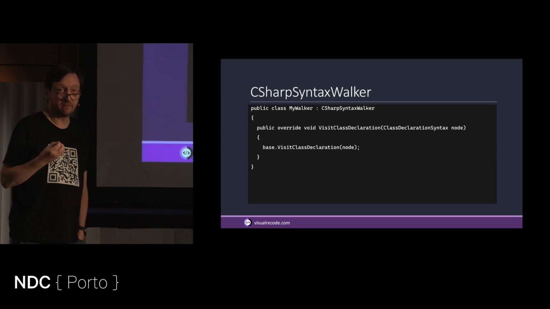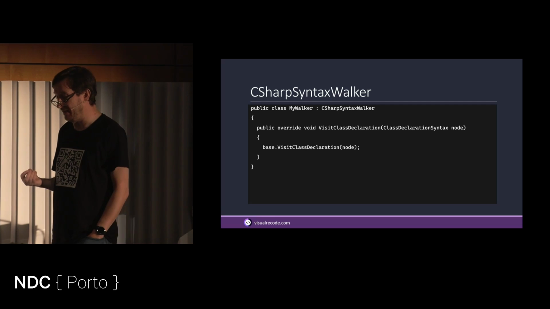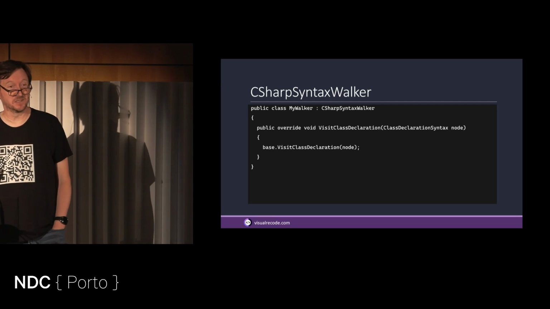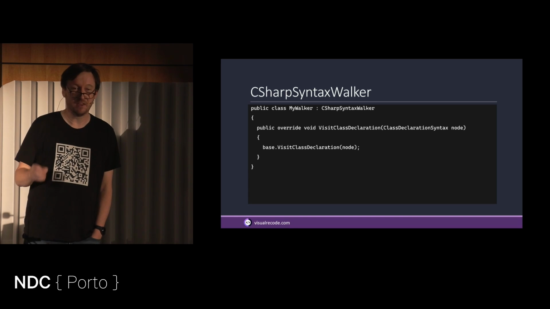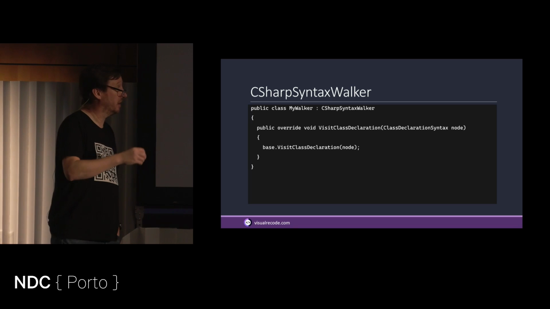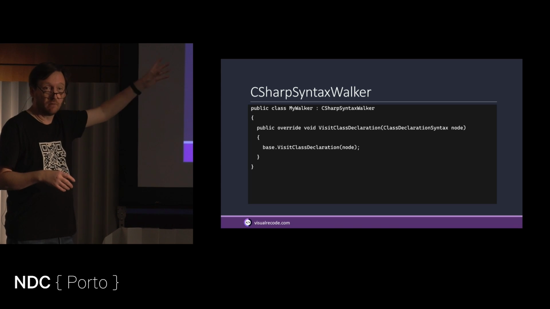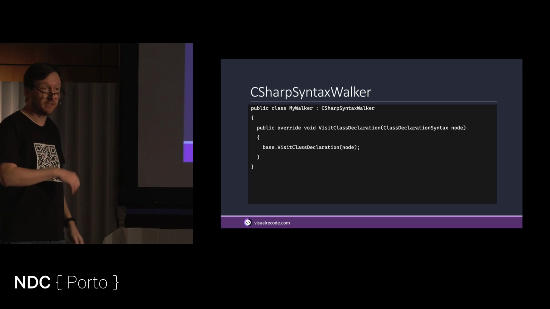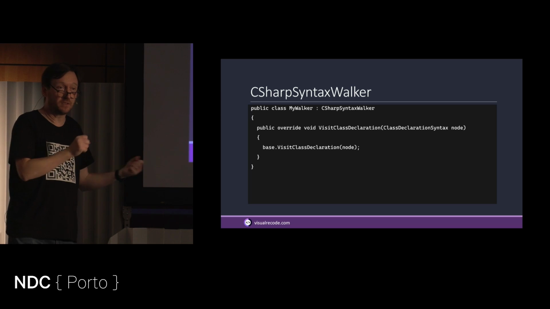So this is the visitor pattern, except I hate calling it that because there's another class called C# syntax visitor, and you don't want to use that one. You want to use C# syntax walker. You give it a syntax node, like the root syntax node from the document, and you say, there you go, visit that. And what you're actually saying is walk that.